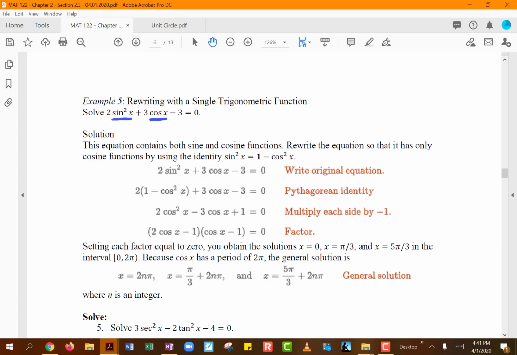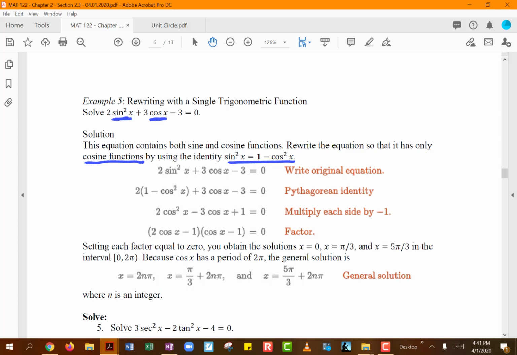So we need to convert them into one single function. Since my middle term is cosine, I'm going to rewrite my sine squared function as a cosine function also, using the Pythagorean identity to make that substitution.